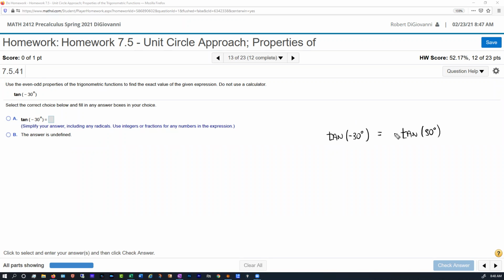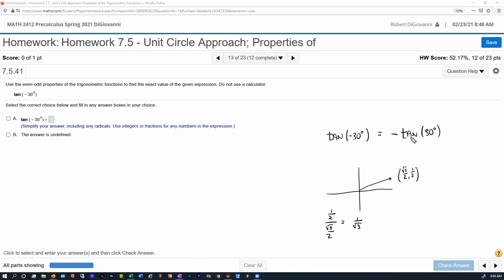What it's equal to is the negative of the tangent of 30. So we go to 30 degrees, which is here. We figure out what tangent is. Now this is √3 over 2, 1/2. Tangent would be the y-coordinate divided by the x-coordinate. And then we could do our flipping and stuff. And when we do that, we just get 1 over √3.